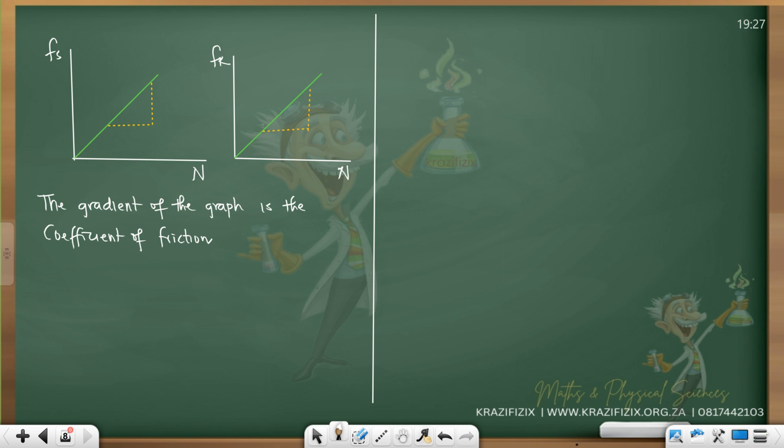The gradient here is the coefficient of static friction, and for the other graph the gradient will be the coefficient of kinetic friction, because m is change in y over change in x. What is on the y-axis? Static friction. What is on the x? Normal. And this is static. The same thing.